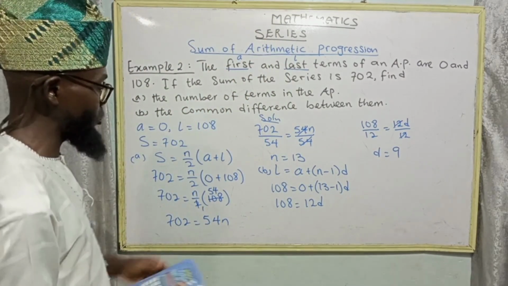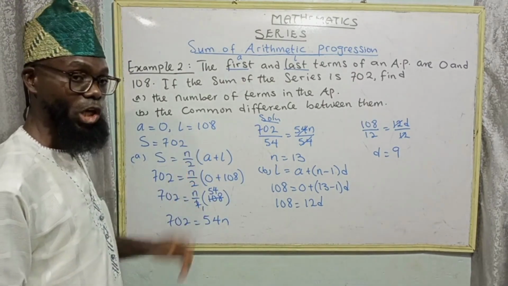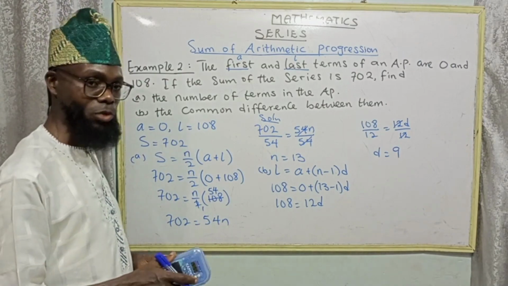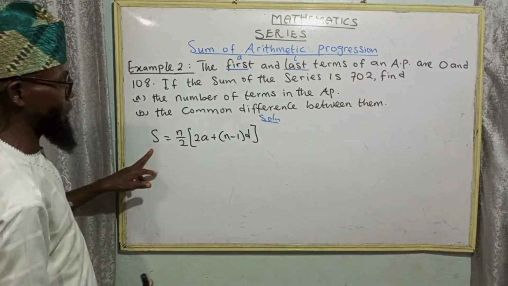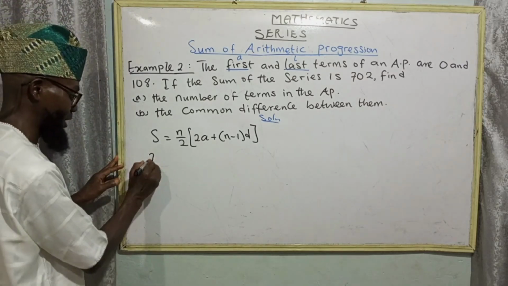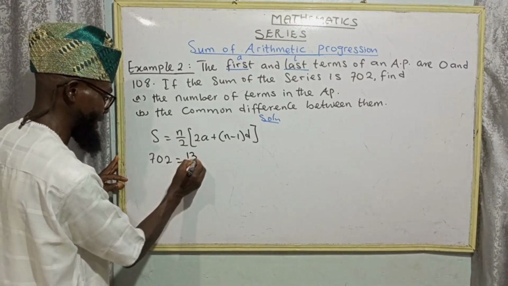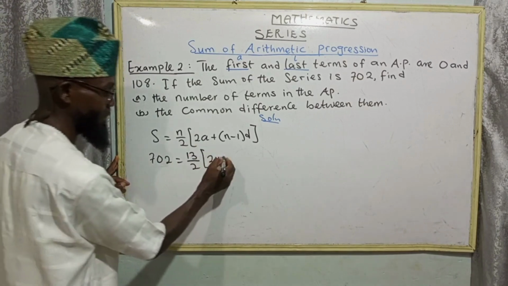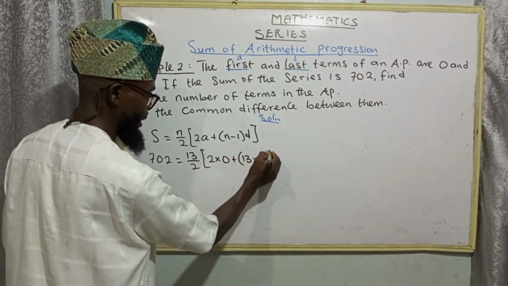Also, since you are told to find the common difference, you can also use the second formula of sum of arithmetic progression. Applying the second formula, our sum 702 equals the number of terms that we got, that is 13 over 2, open bracket 2 times our first term 0, plus number of terms 13 minus 1 close bracket d.